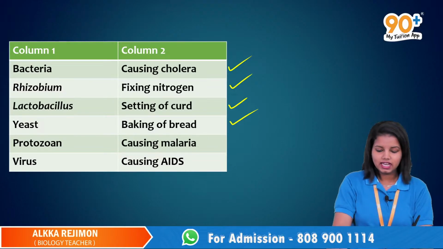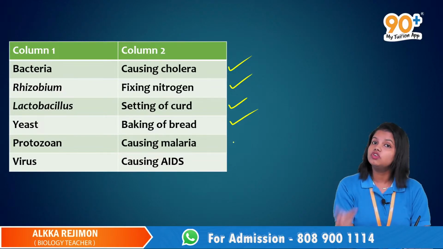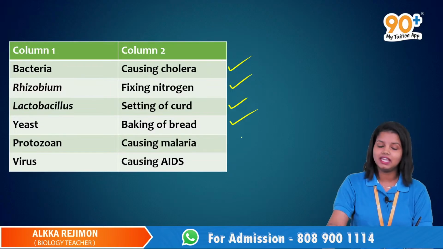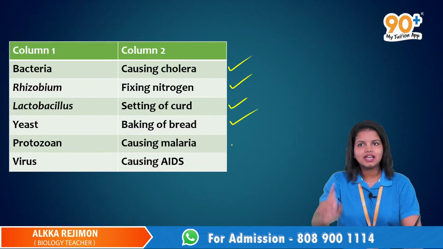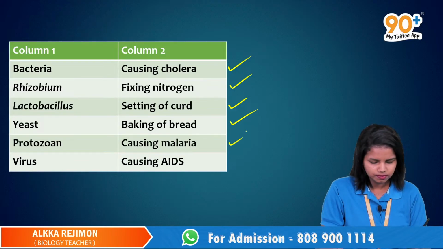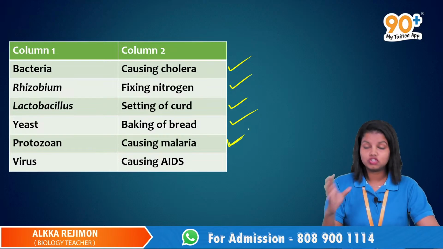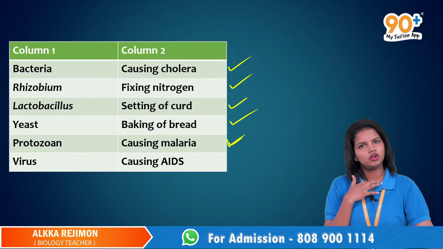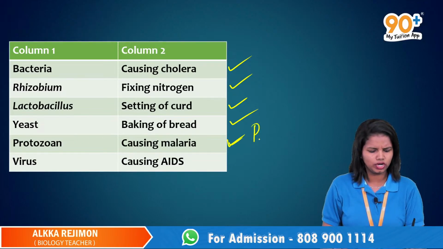Then there is protozoan, which we have seen only in the case of malaria. Malaria is a human disease caused by a protozoan. Plasmodium is the protozoan. I hope you're remembering that name. Plasmodium. Yeah.